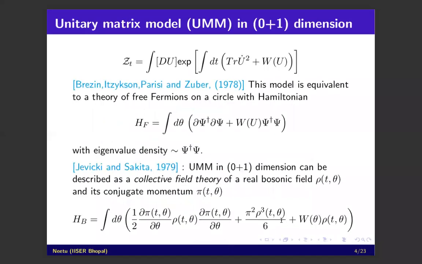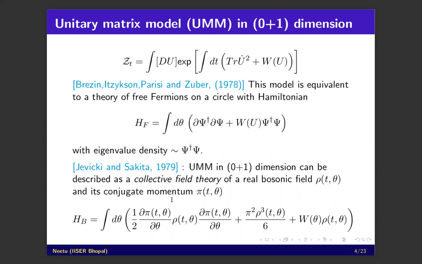So let's start with the unitary matrix model in one dimension. Can you see my cursor? Yes. Okay. So this is how the partition function looks. This W of U is some generic function of unitary matrices U. In 1978, what these people showed is that this model is equivalent to a theory of free fermions moving on a circle with this particular Hamiltonian, and the eigenvalue density of these matrices goes like psi dagger psi.